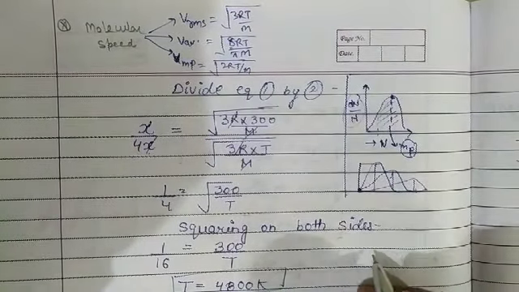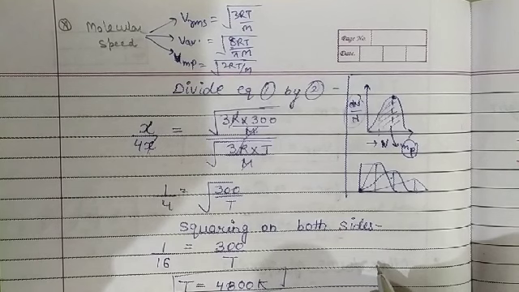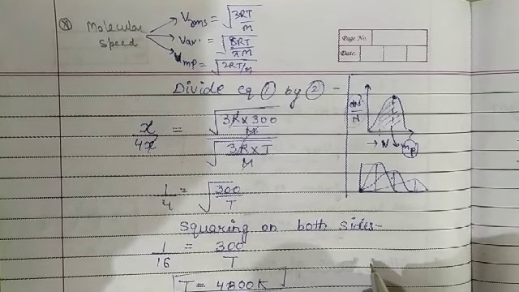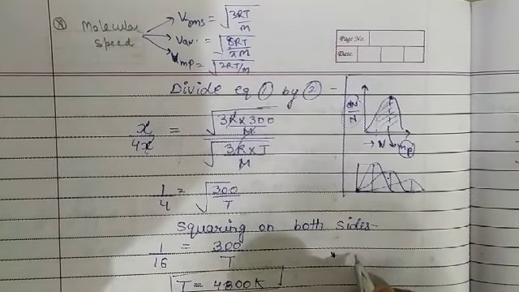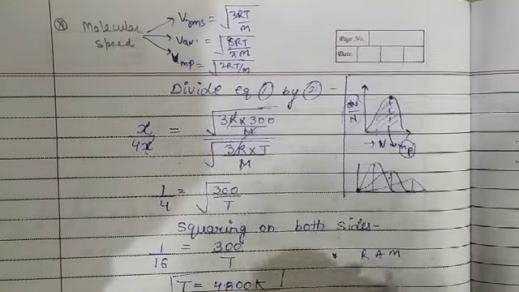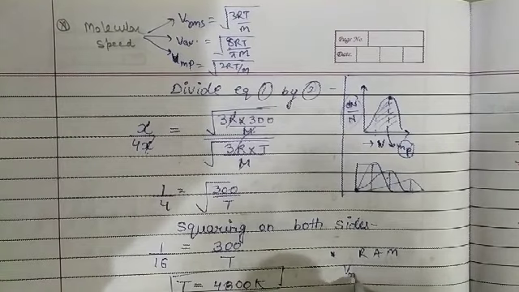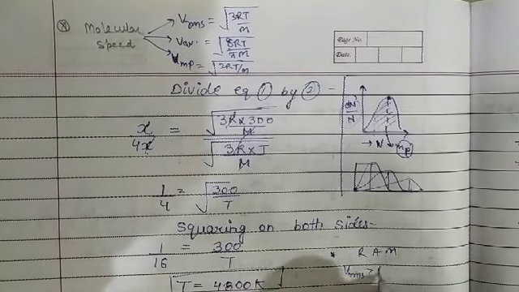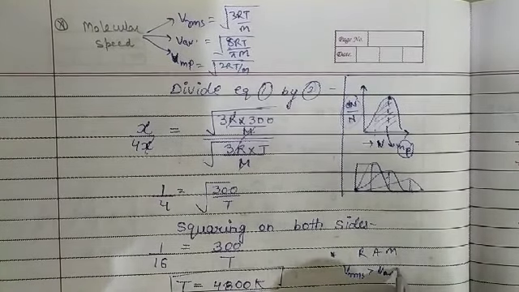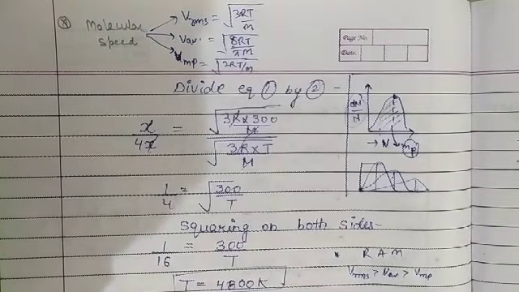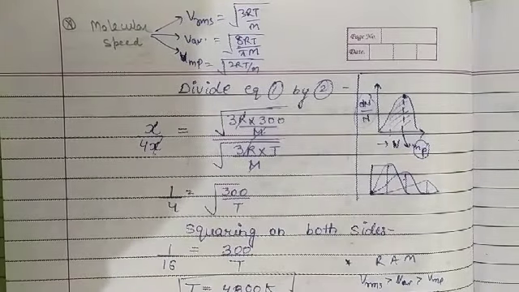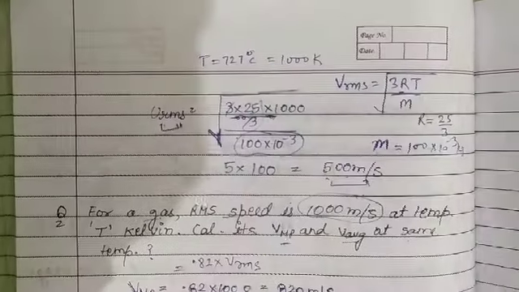Then we saw the relation of how we calculate the average speed using RMS. The maximum molecular speed is RMS, then average, and the least is most probable speed. So this is the order of molecular speeds, and there are 2 relations we discussed.